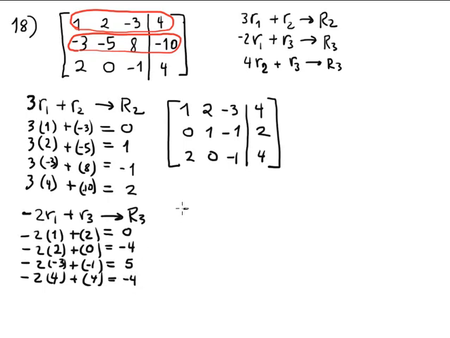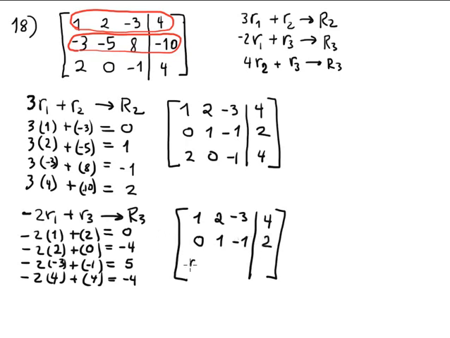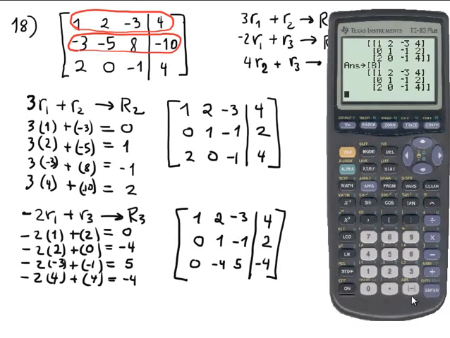And the new matrix, in this case, is 1, 2, negative 3, 4, 0, 1, negative 1, 2, which stays the same. However, this row changes: 0, minus 4, 5, and negative 4. Let's do it using the calculator. Clear.